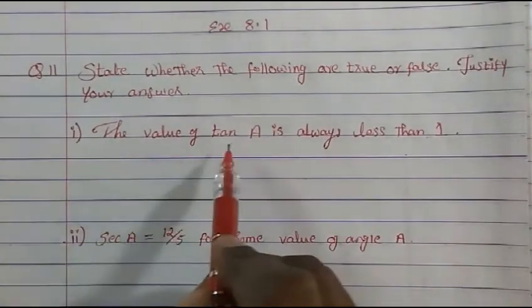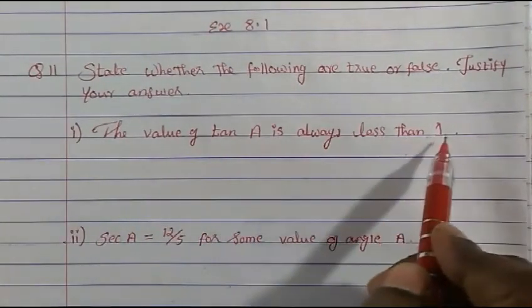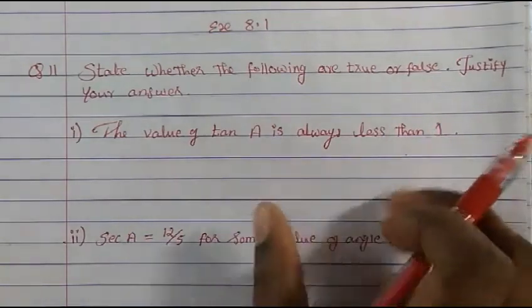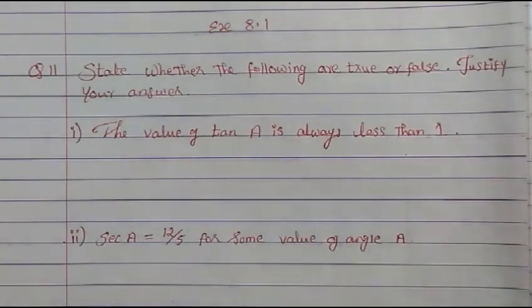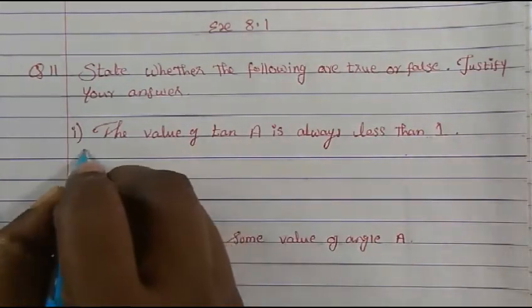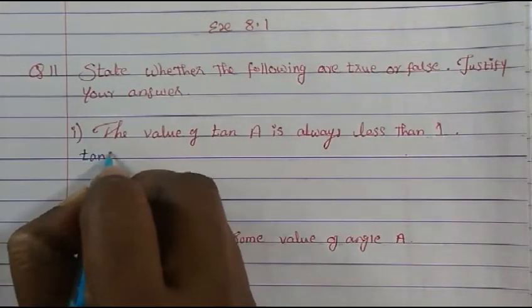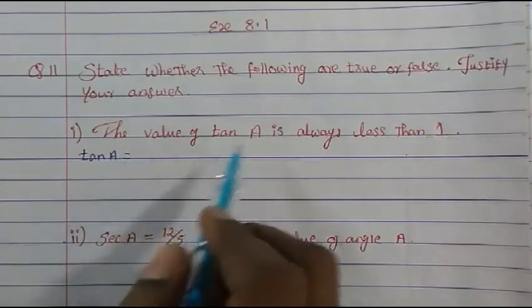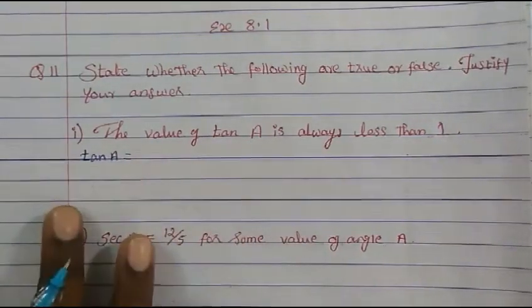The value of tan A is always less than 1. So let us check whether it is true or false. First of all, we should know what is tan A. Okay, so tan A, let's take what is the ratio.